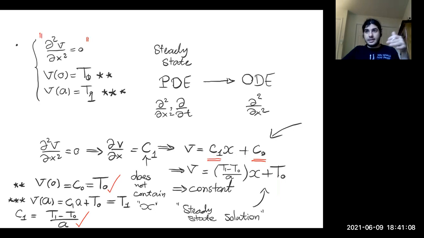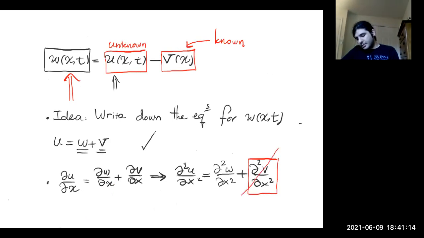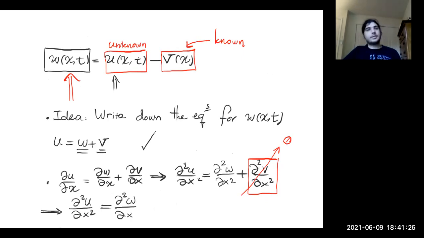So the second derivative of v with respect to x is also equal to 0. So here, this term is equal to 0. And therefore, the second derivative of u with respect to x is equal to the second derivative of w with respect to x. Okay, that's great.